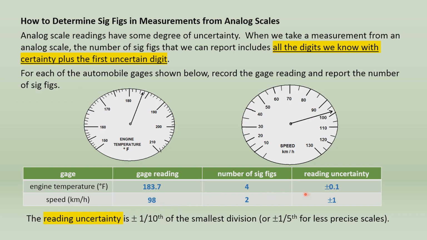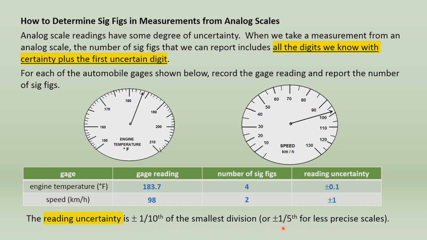Now, if you, in fact, try and apply this rule of 1/10 the smallest division, the smallest division is 5 degrees, and a tenth of that would be 0.5, you'd be reporting plus or minus 0.5. You can't do that. 0.5 has a higher level of precision than, say, 1. So when scales have coarse divisions that are difficult to read, instead of reading to 1/10 the smallest division, you could try 1/5 of the smallest division.